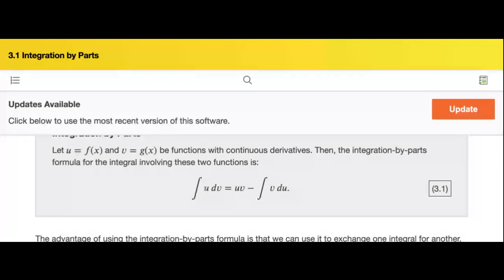So we recognize one function as u and the other function as dv. Then we figure out du and v. So that equals uv minus the integral of v du. Any questions?